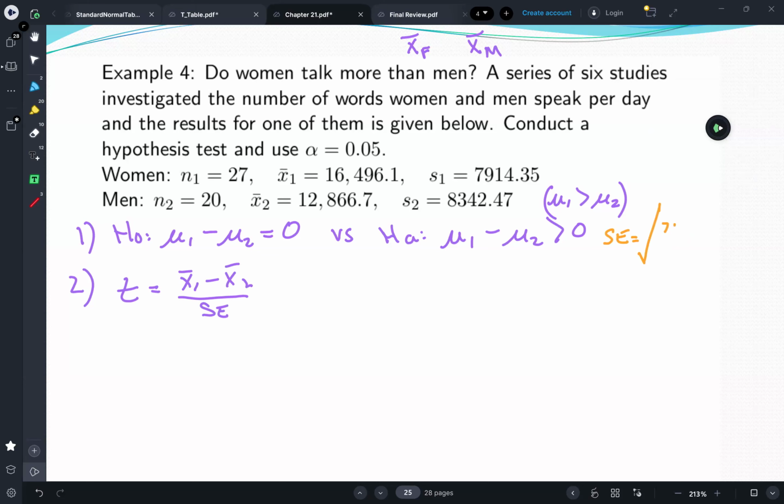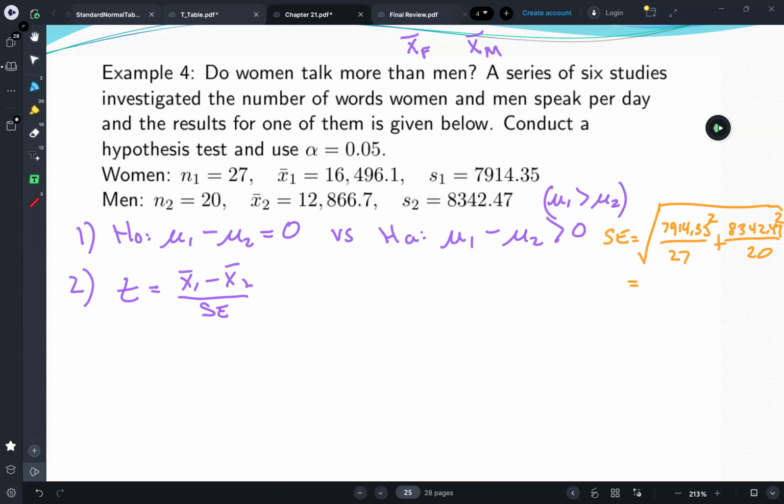So the square root of 7914.35 squared over 27 women, plus 8342.47 squared over 20 men, equals.